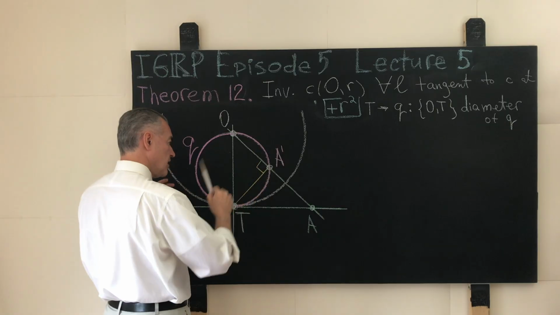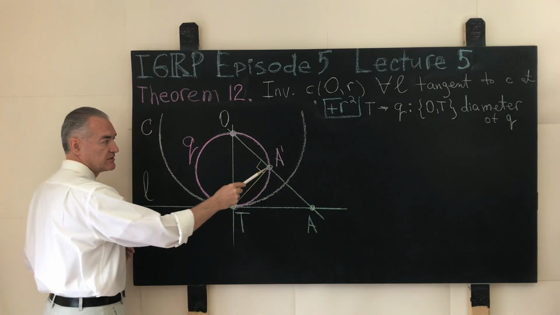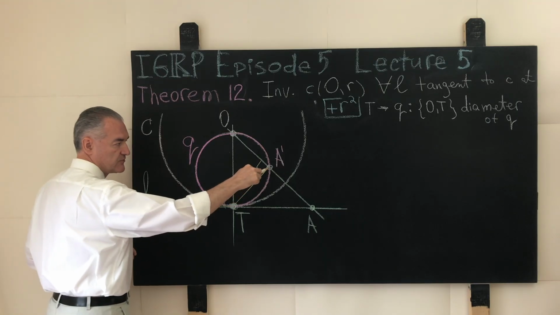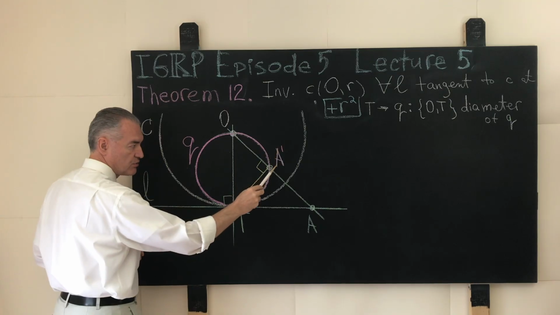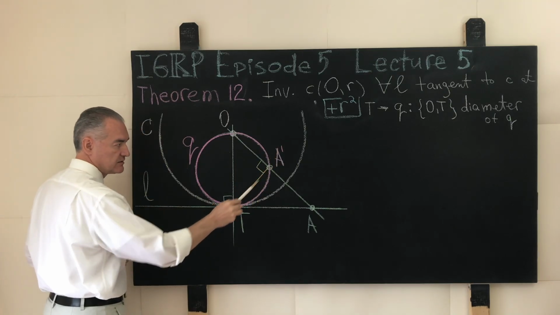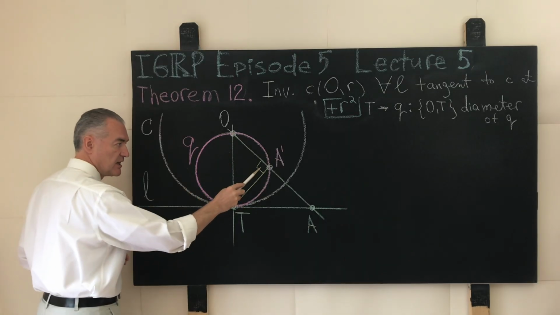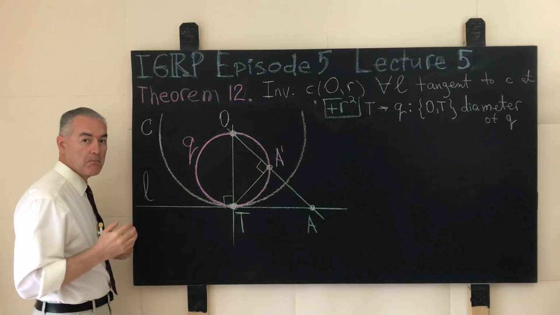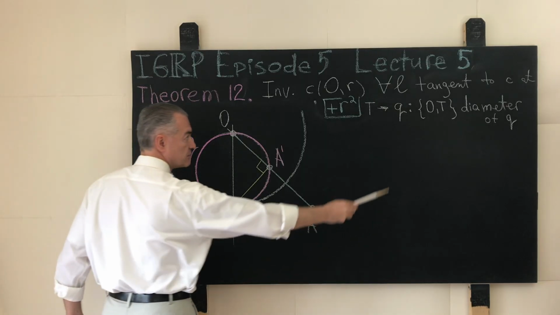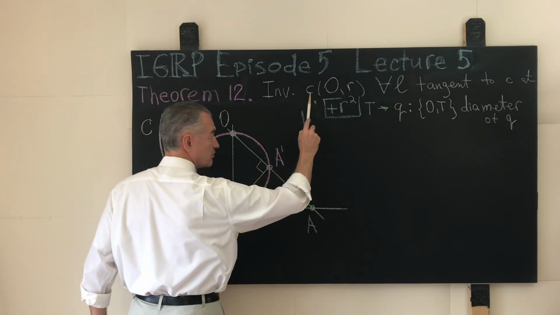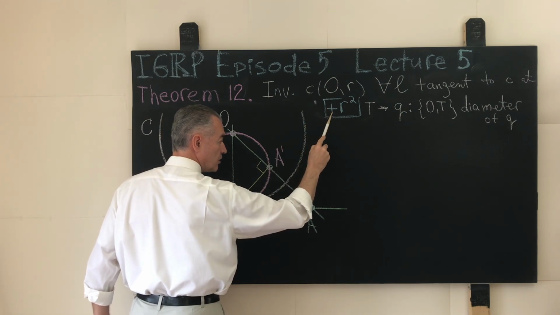Well, that means that by Thales' theorem, if we have a point that sits on the circumference, such as the point A', and that angle, the corresponding angle, subtends a diameter, that angle over here necessarily must be right, which means that the conclusion of this theorem follows under the inversion of the plane with respect to a circle shown here with positive power.